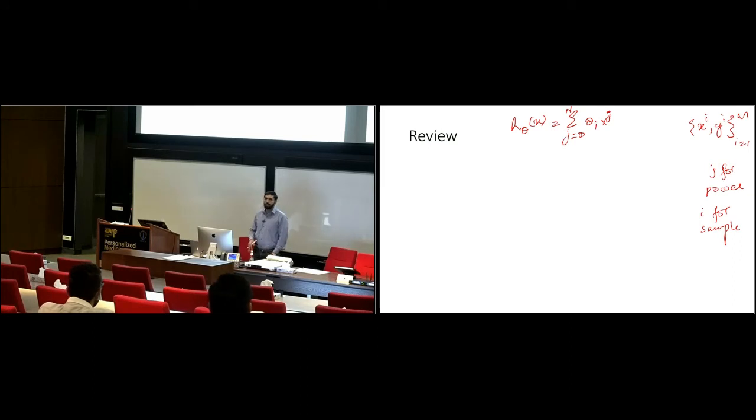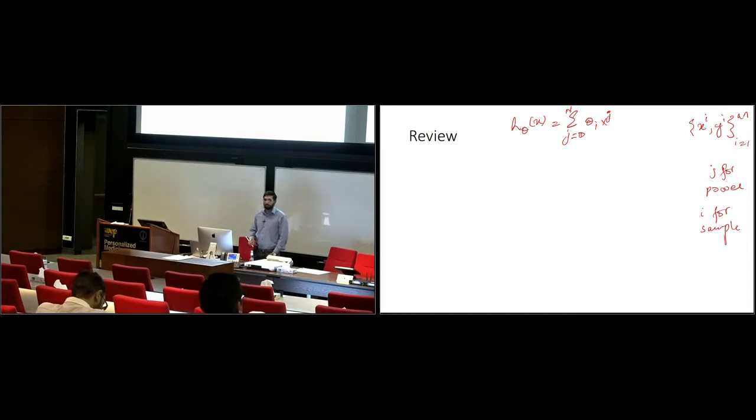So I'm using j for power and i for sample. So you guys have to help me set up a cost function for a linear regression problem and then tell me how to solve it.